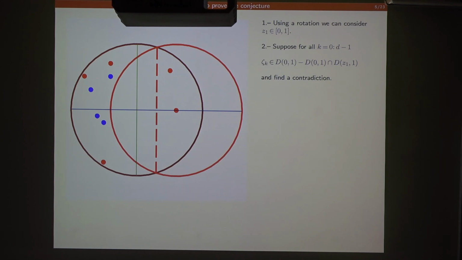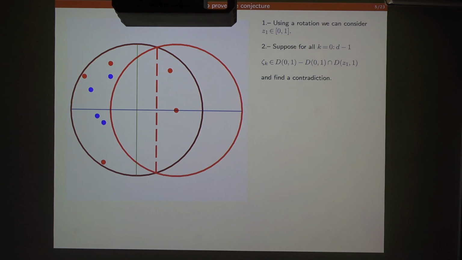Next, we suppose that the roots of the derivative lie in this lune. Okay. And the goal is to find a contradiction.